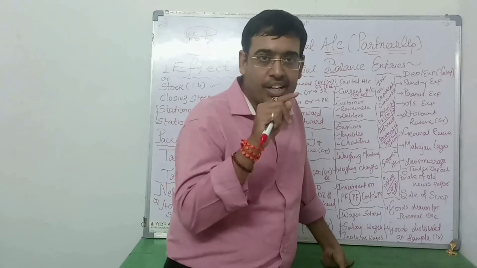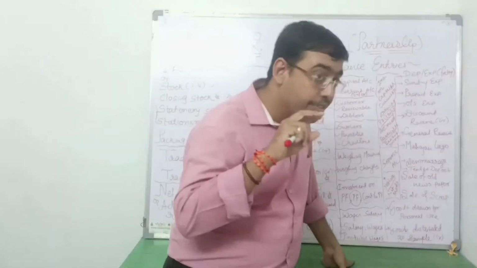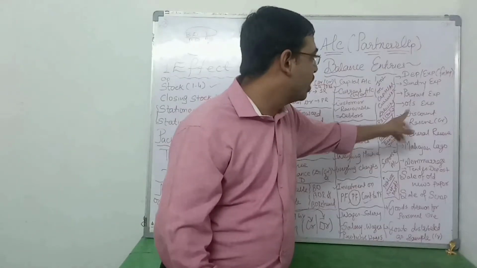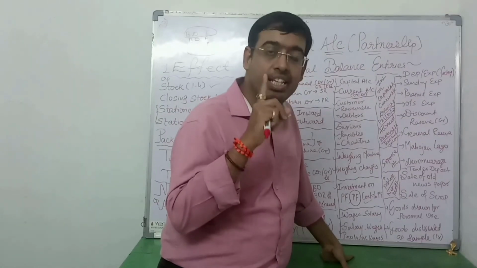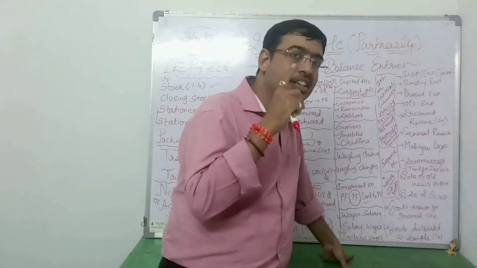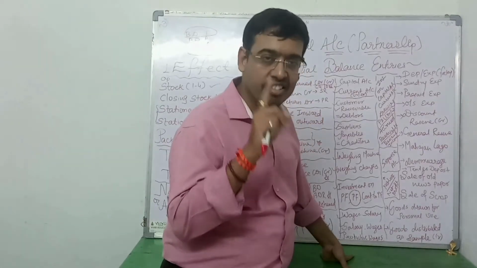There you will subtract discount reserve from discount allowed. Twist: if discount reserve alone is given, then you have to check whether it is given on the debit side or credit side. Obviously it would be credit because it is a reserve.